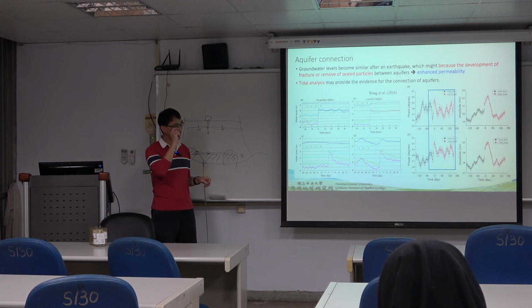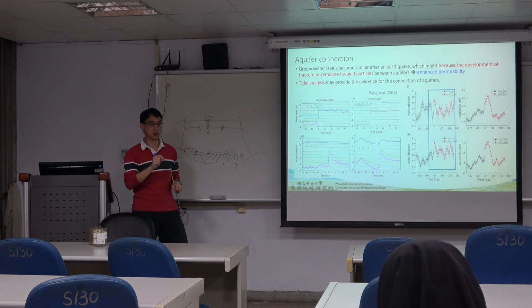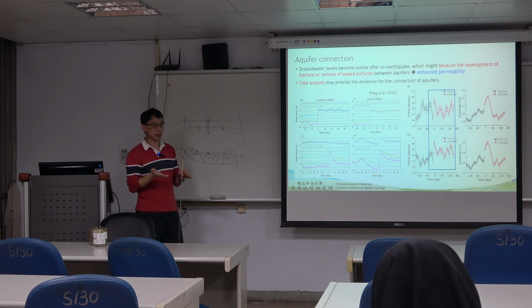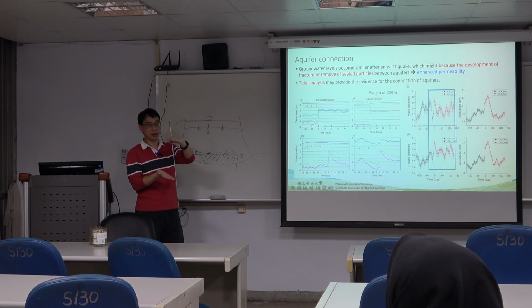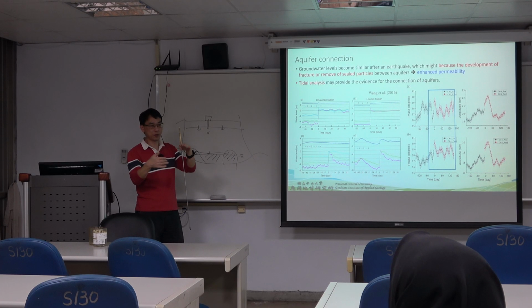That means your earth tide signal needs to be significant enough, and then you will be able to use it in this tidal analysis. The earth tide concept is that when your earth expands or compresses due to the gravity of the moon, you have the volumetric strain. And this strain will induce water to flow in or out of the wells.